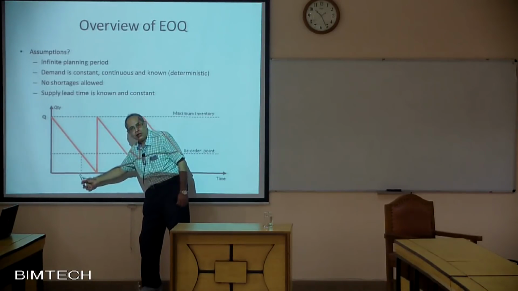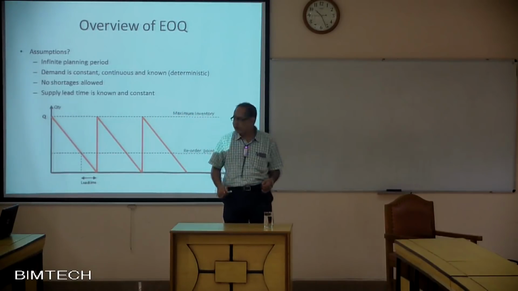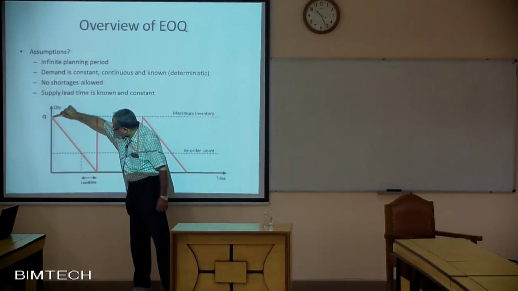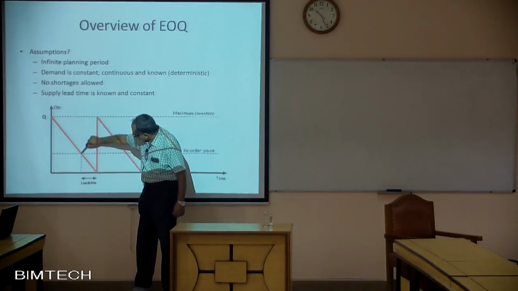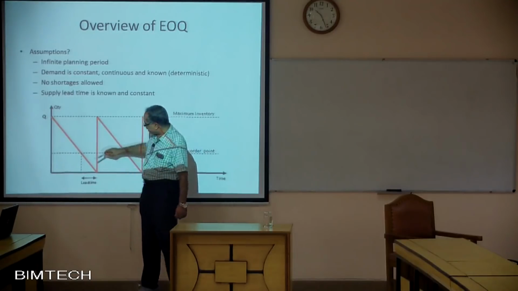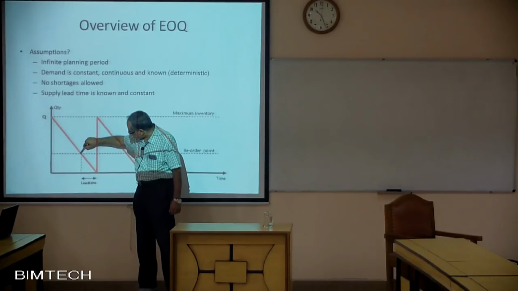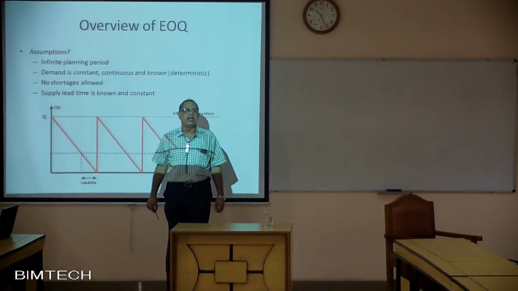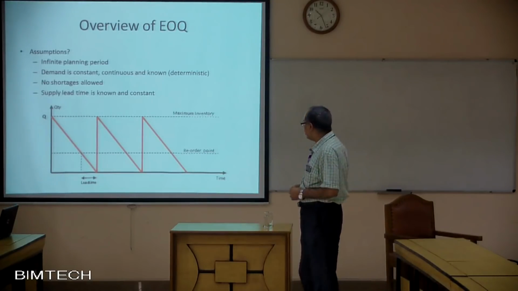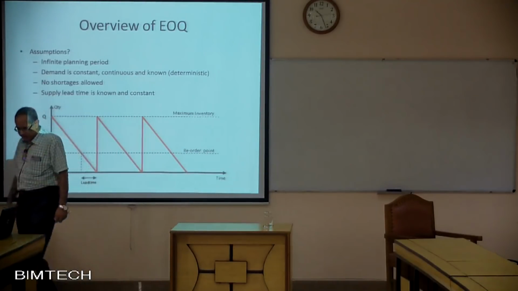But I don't have a time scale which tells me when to order. So the better approach is to say that when the inventory falls down to this level is when we order. This is called the reorder level. The reason why we order when it falls down to this level is because then whatever is at this level will last for the L periods of the lead time. So that is the reorder level or the reorder point when we order.